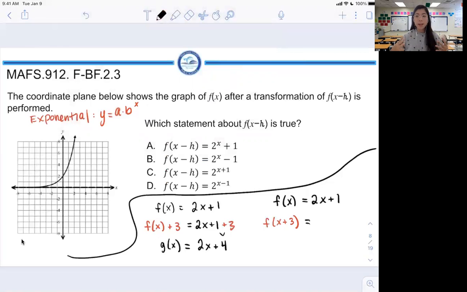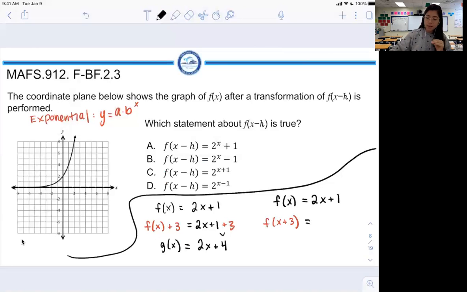On a graph, I know what that would look like. But in my equation, rather than adding 3 to the whole function, I'm adding 3 to the x. I'm going to say that again. In the first example, I added 3 to the whole function. In this example, I'm adding 3 just to the x.